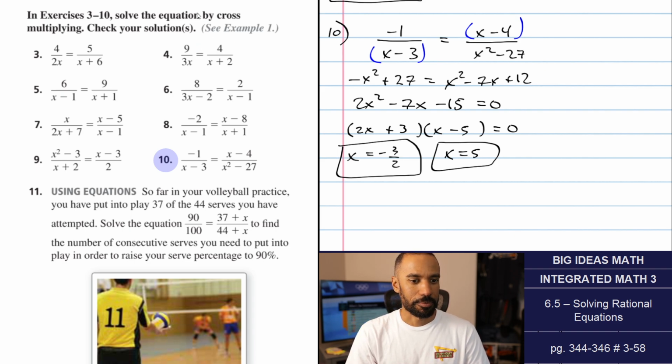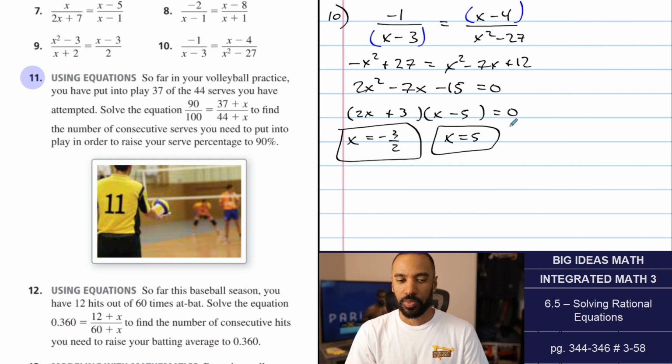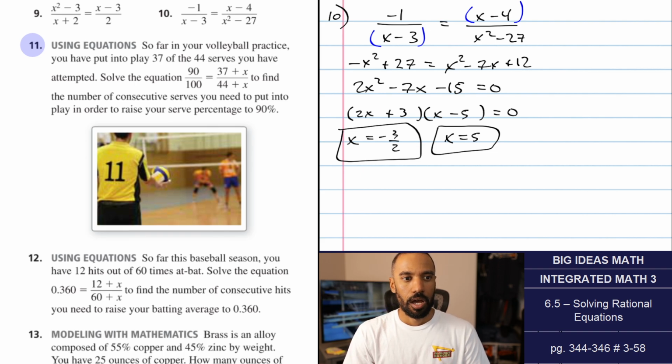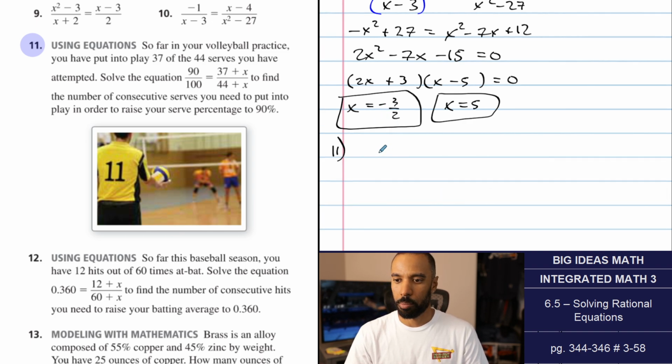Okay, number 11. So far in your volleyball practice, you have put into play 37 of the 44 serves you have attempted. Solve the equation 90 over 100 equals 37 plus x over 44 plus x to find the number of consecutive serves you need to put in play in order to raise your serve percentage to 90%. If you followed along with the lecture portion, this is very similar to a problem that we had.